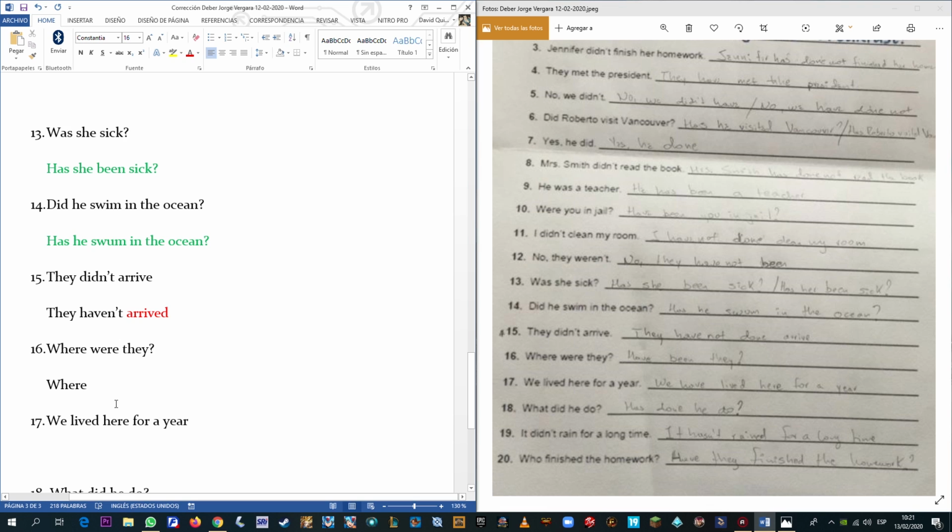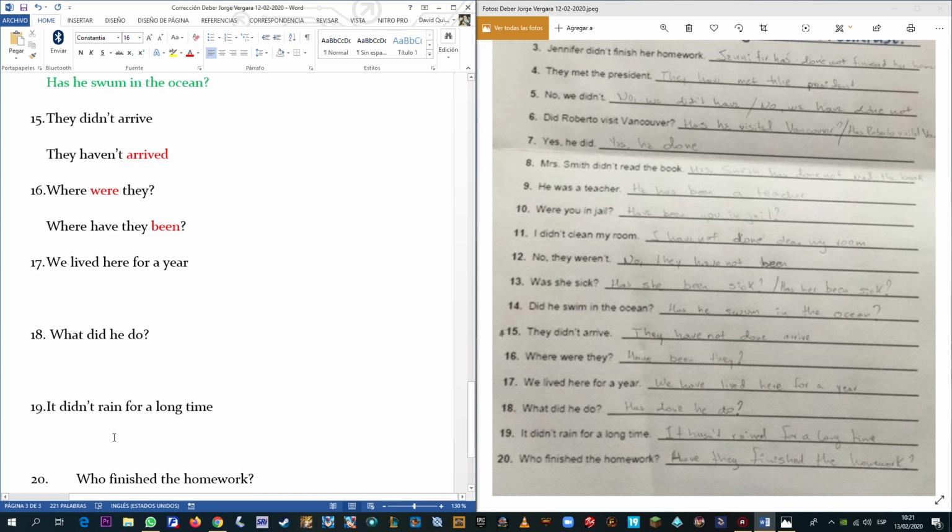Now, where, then we use the auxiliary verb have. Where have they, and the main verb that is been. Where have they been? Because been is the main verb here. We change it to been.